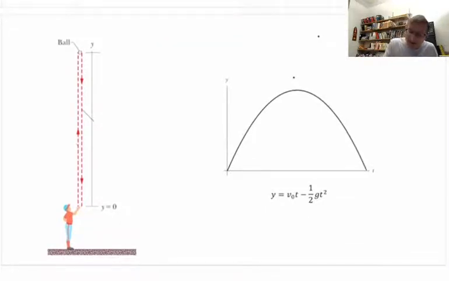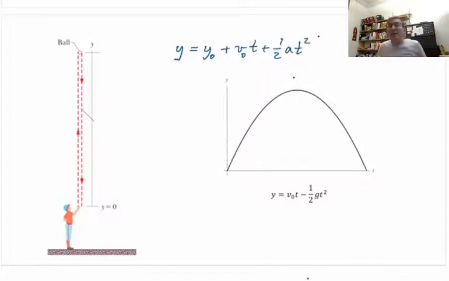Where did this come from? Well, let's start with constant acceleration equation number 2, but with y for the coordinate. y equals y initial plus v initial t plus 1/2 a t squared. Constant acceleration equation number 2 from the previous video.